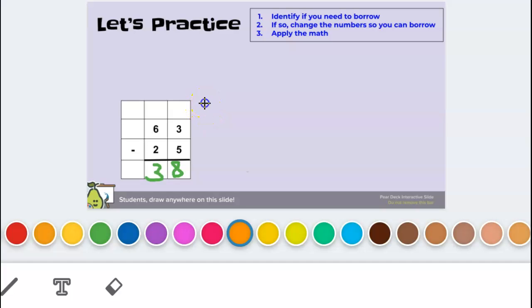So let's figure this out. 38 plus 25. 8 plus 5 is 8, 9, 10, 11, 12, 13. So I put a 3 down here, and I carry my 1. And 3 plus 2, I know it's 5, plus 1 is 6.